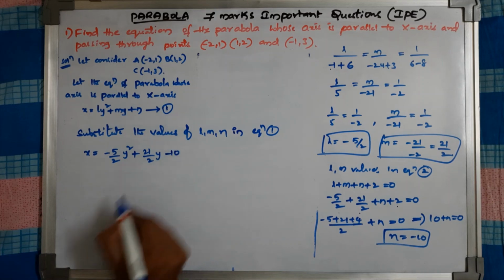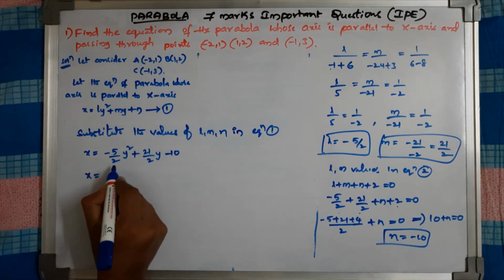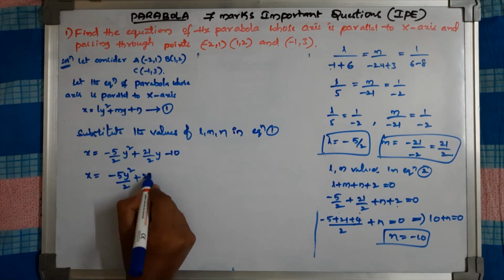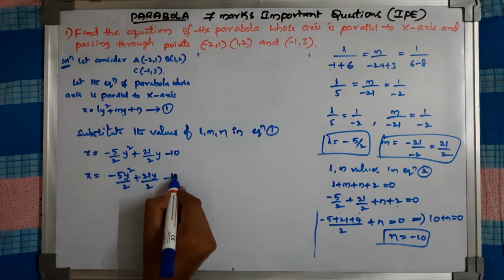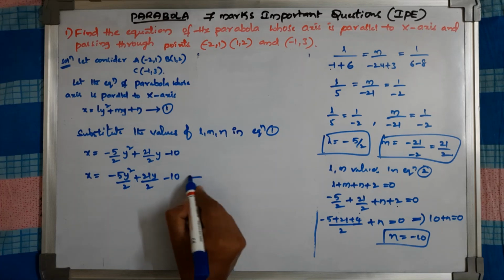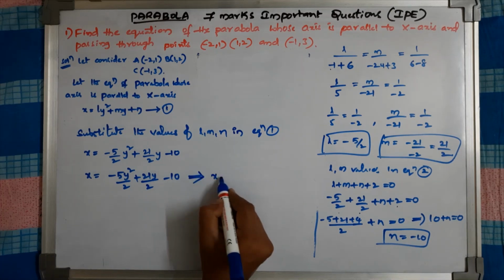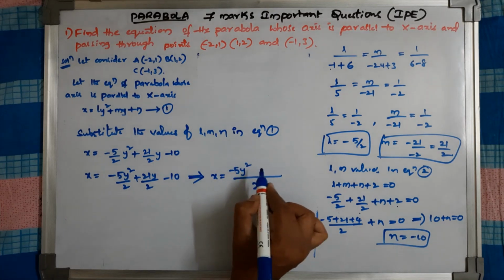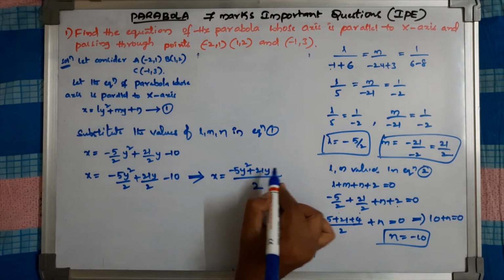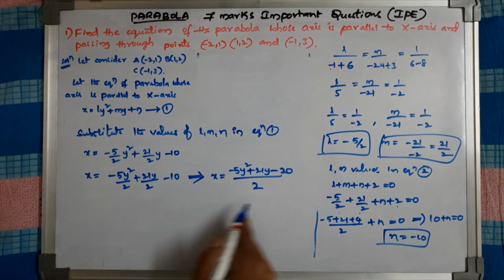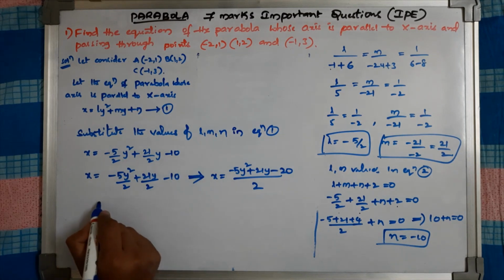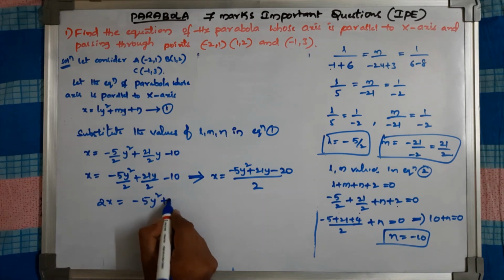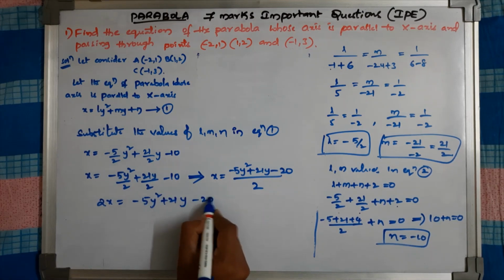X is equal to minus 5 y square by 2 plus 21 y by 2 minus 10. On taking LCM, 2 is LCM, 2x is equal to minus 5y square plus 21y minus 20.